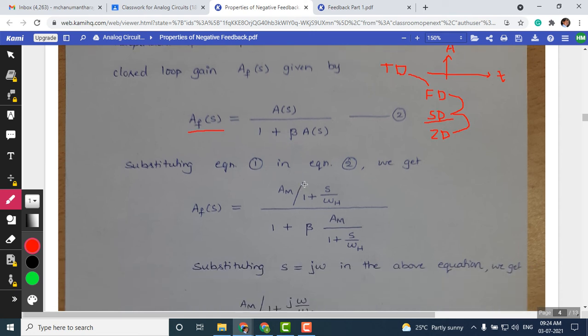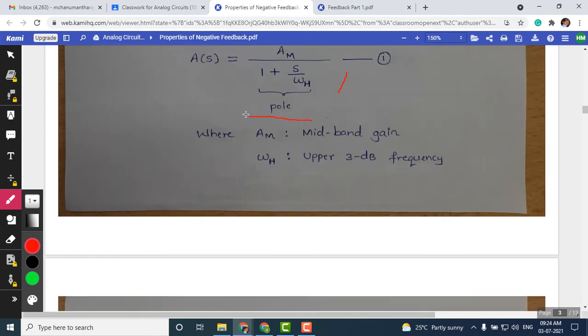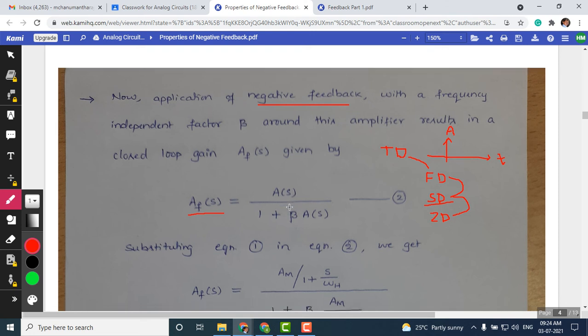Now we can substitute this equation in equation 1. This A is nothing but what we have already defined as AS. Now we can substitute in equation 2 and see what we get.